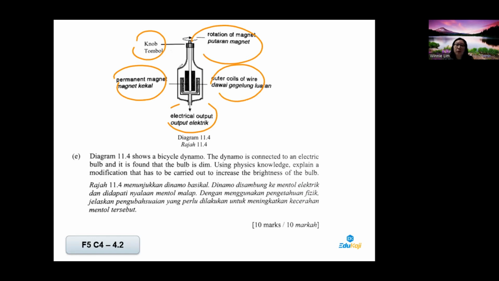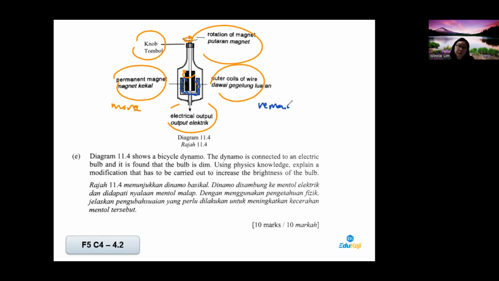Something special about a dynamo, which is different from the DC generator just now: in the DC generator the coil is moved and the magnet is fixed, but in this case when you turn the dynamo, the magnet is turning. The magnet is moved, but the coil inside remains in place.